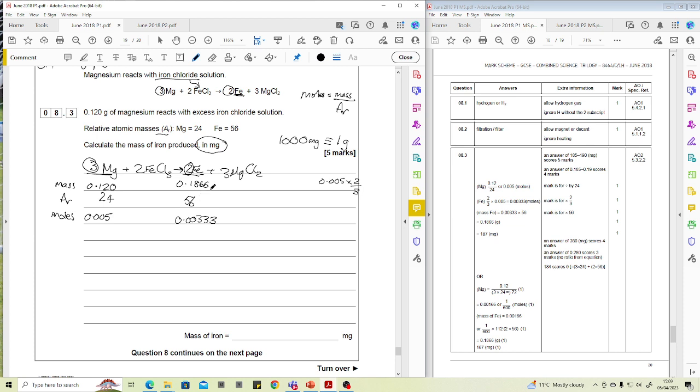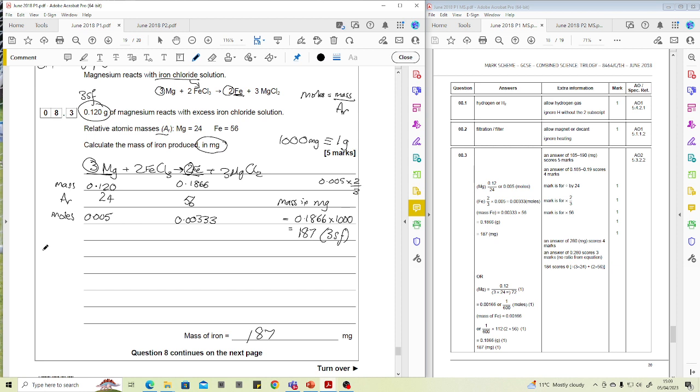Then I can times it by 1,000 to get milligrams: 0.1866 times 1,000 equals 187, rounded to 3 significant figures, because the mass we're given has 3 significant figures. So 187 milligrams there.